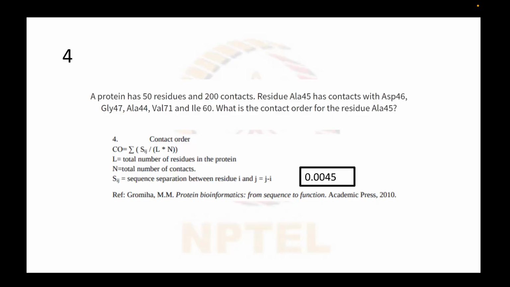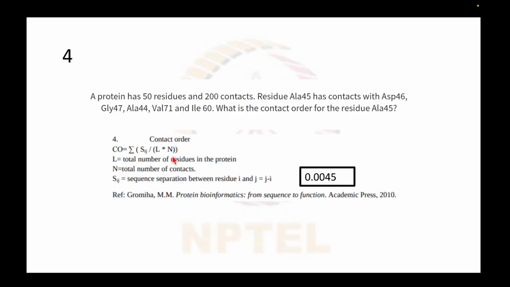One separation is 1, 2, 1. So the summation of Sij will come to 45, and the denominator is 200 into 50.